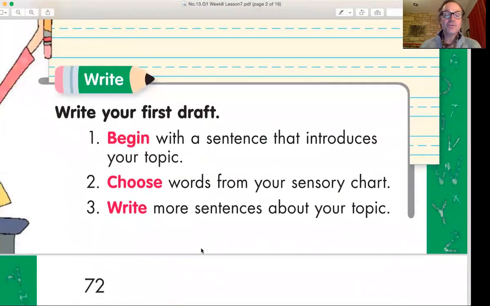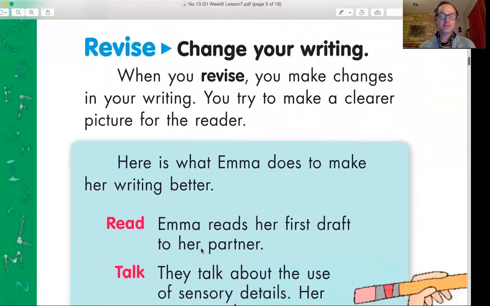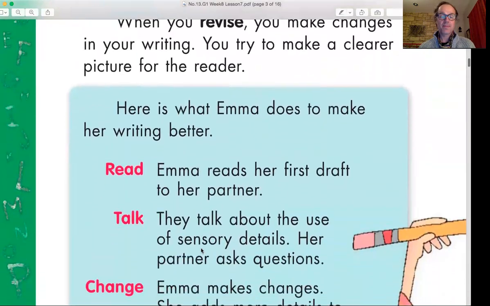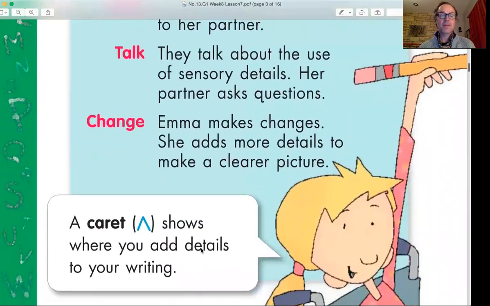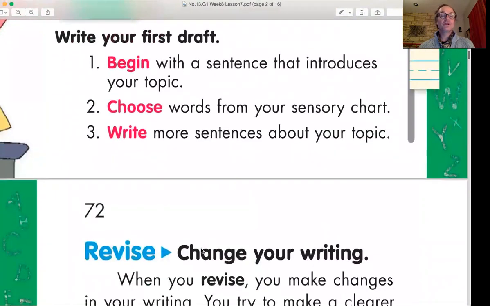Write your first draft. Begin with a sentence that introduces your topic. Choose words from your sensory chart. Write more sentences about your topic. So, this is something for you.